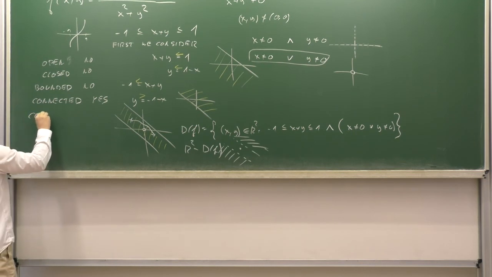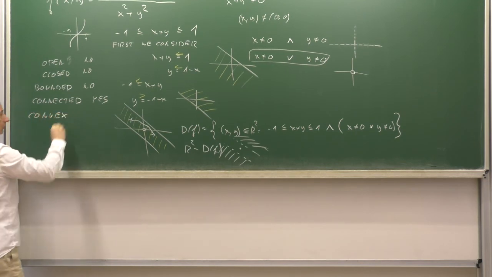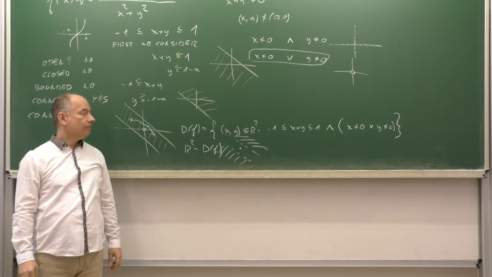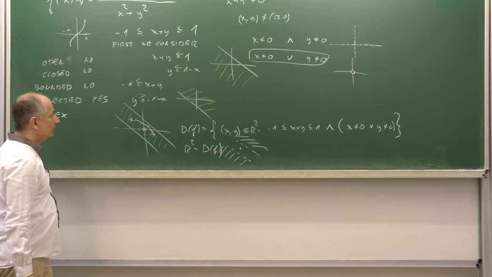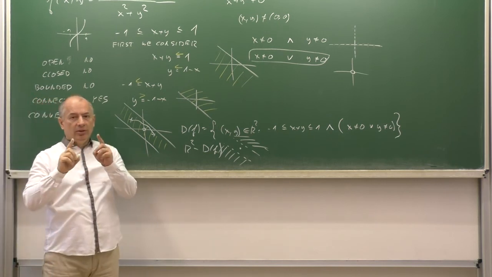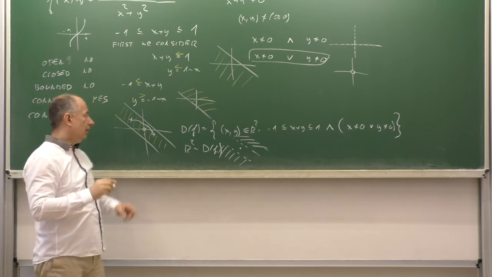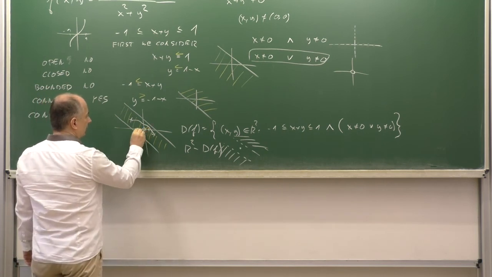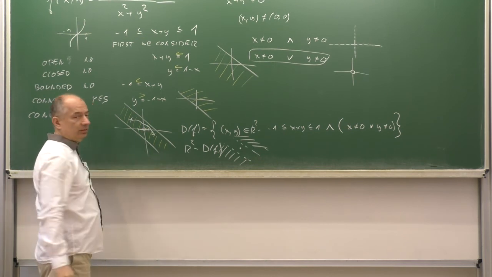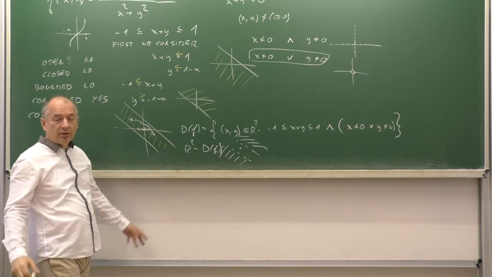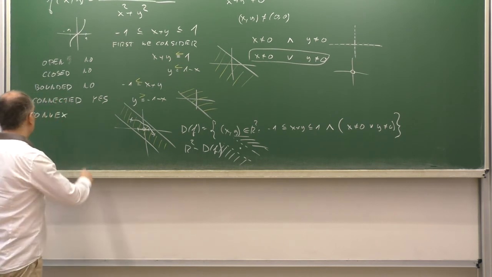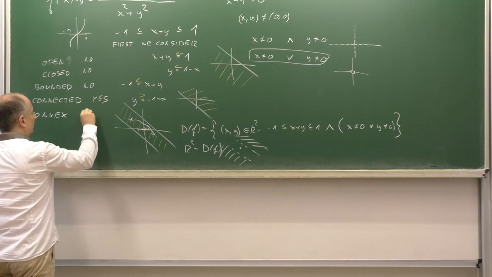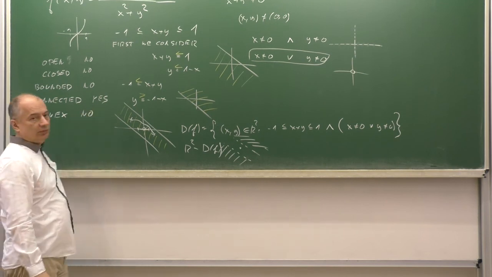And is it convex? No, it is not. Because many points can be connected with a straight line, but sometimes the straight line should go through the origin, and that means that such a line is not in the set. So because of this little one point, the set is not convex.